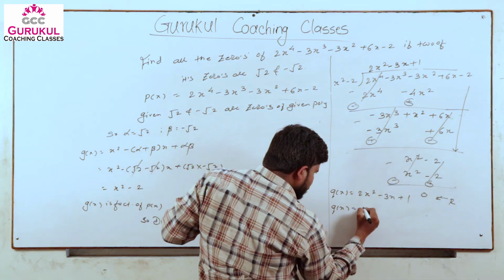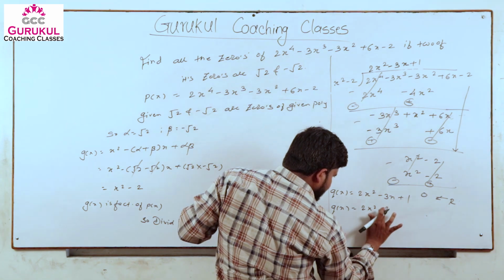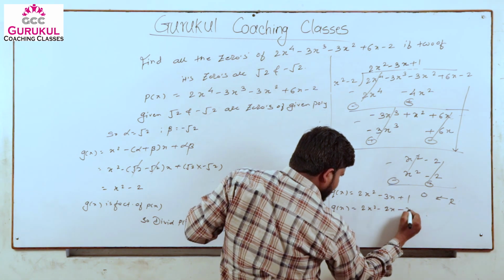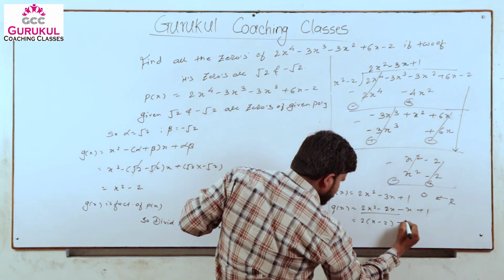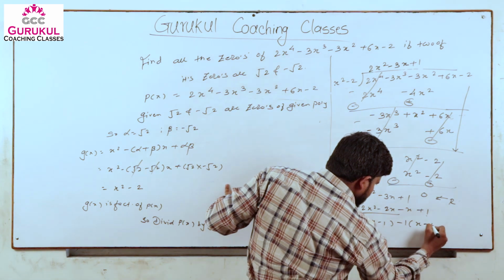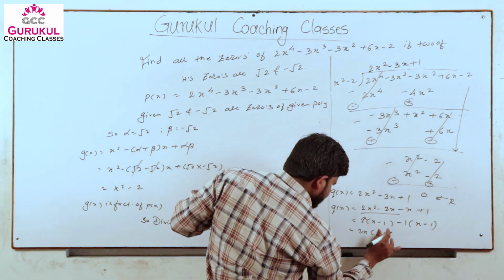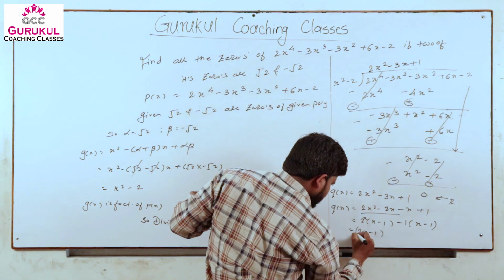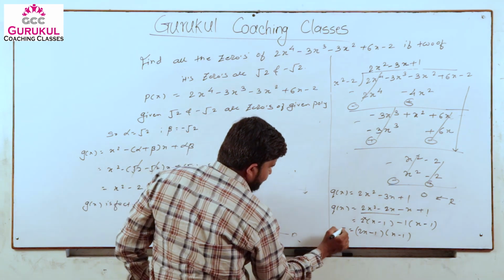Factorize q of x, which is equal to 2x square minus 2x minus x plus 1. 2 common, x minus 1, minus 1 common, x minus 1. So (2x minus 1)(x minus 1).